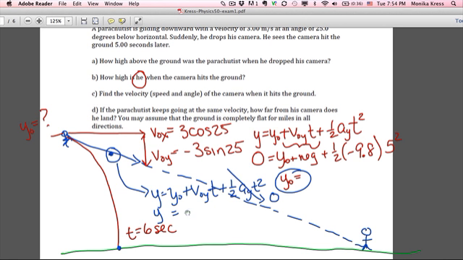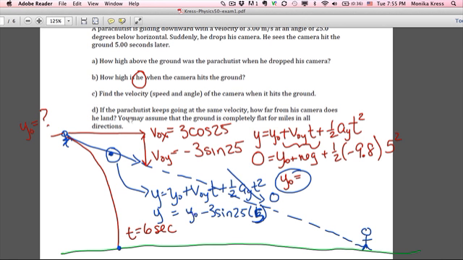So this is going to be your y naught from part A, minus 3 sine 25 times 6 seconds, or 5 seconds in this problem. So this should give you some height that's slightly less than this. He has not gone far, it's just a little bit, but it should definitely come out to be positive.